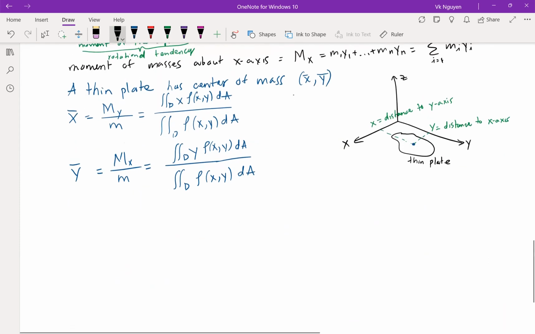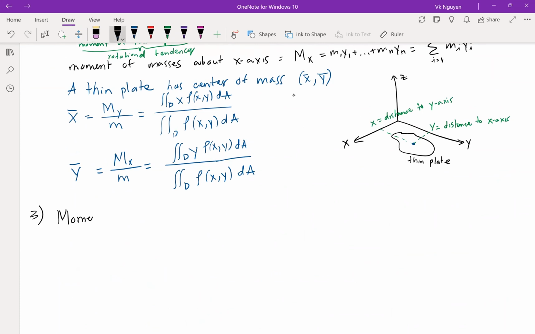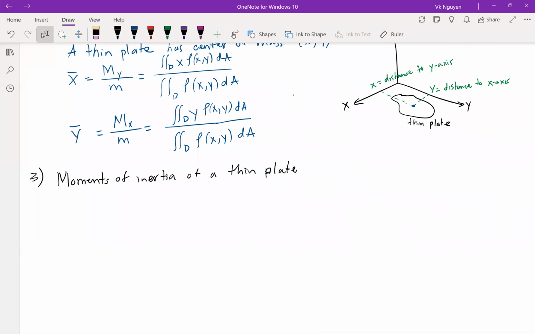Okay, so here comes number 3. Moment of inertia of a thin plate. Okay, so the moment of inertia comes from rotation, and you've got to rotate something in order to get this. Okay, so here comes an object.